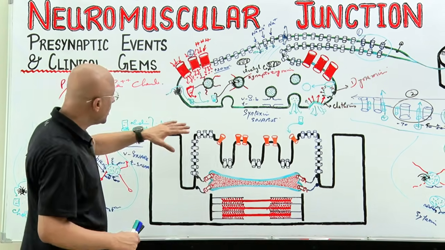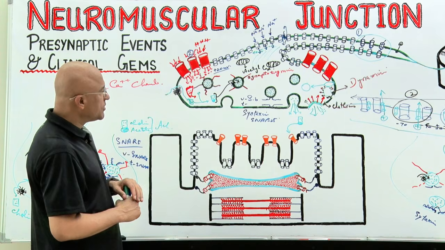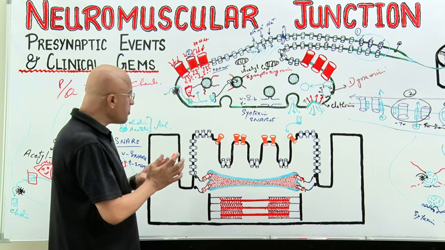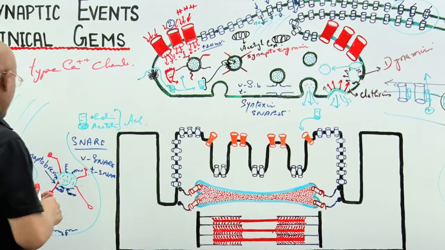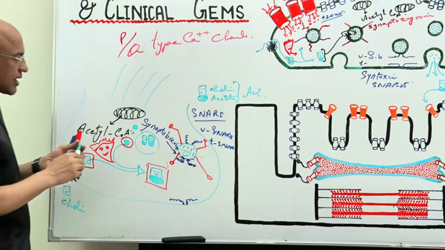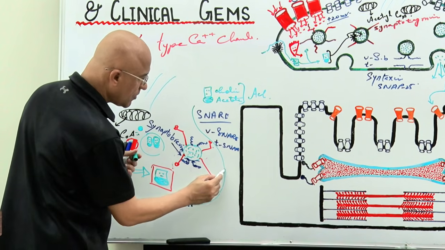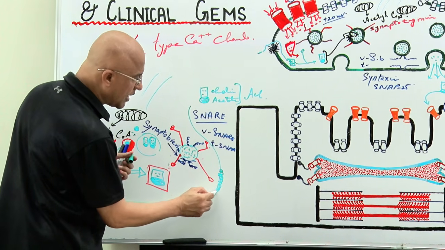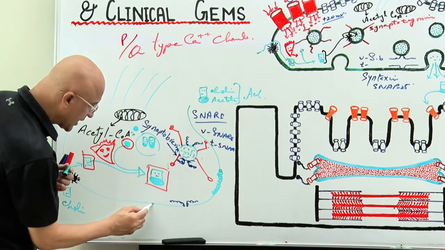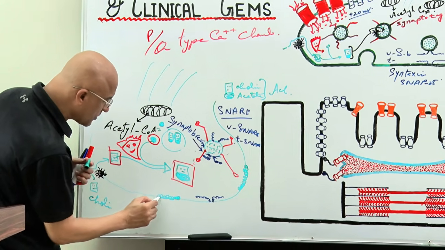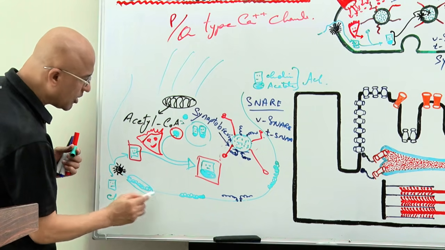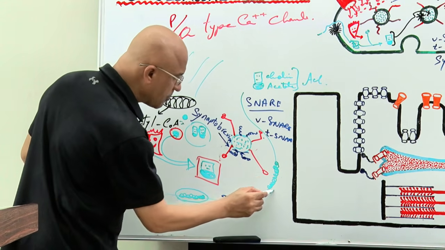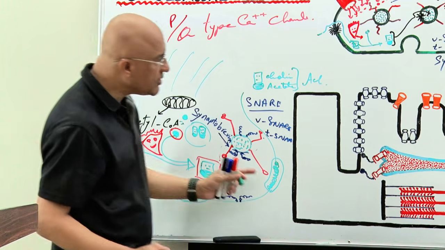Now, a few more points. There are some areas of this terminal button, right? These areas are called active zones. What are they called? Active zones. There is some special activity going on in some areas of the terminal button membrane, active zones.